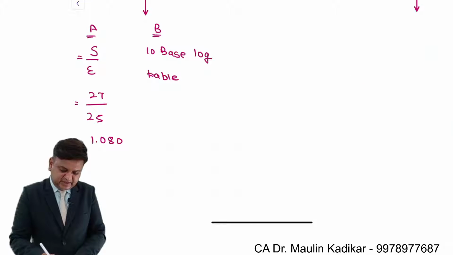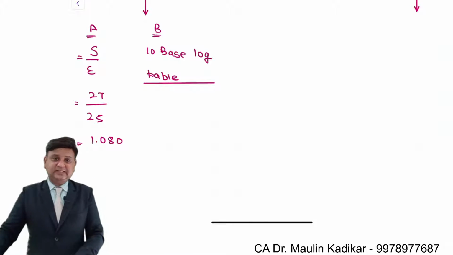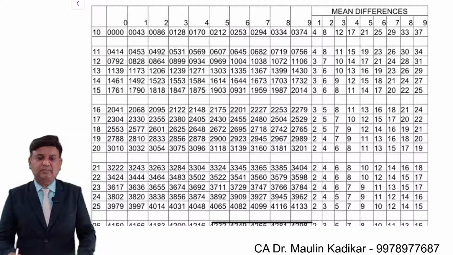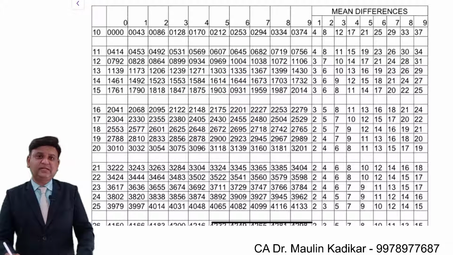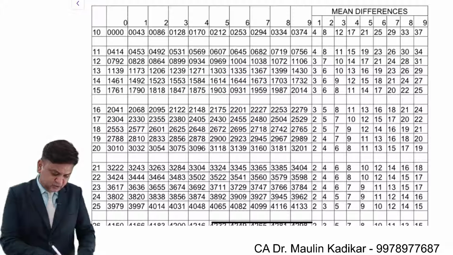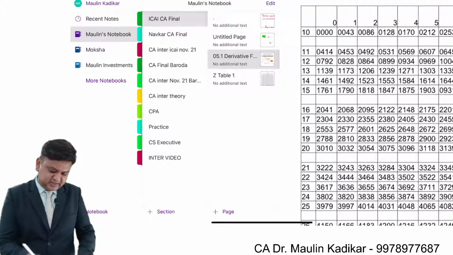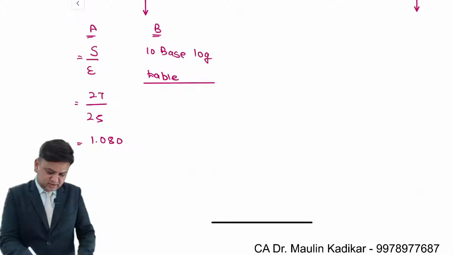The 10 base log table may be provided to you in the exam. The 10 base log table starts from 10. The value in which we are interested is 10, 8 and 0.